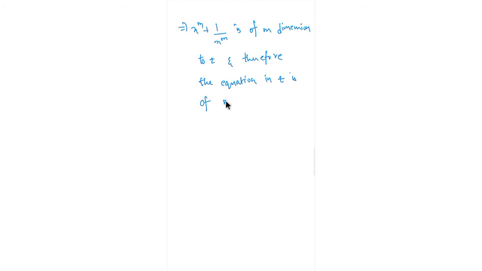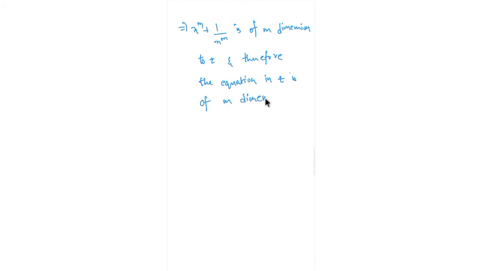So the general thing that I wanted to tell you is x power m plus 1 by x power m is of m dimension, or you may say m degree, or rather I would say m dimension only, because it's not an m degree, as it's reciprocal in z. It's of m dimension in z, and therefore the equation in z is of m dimension.